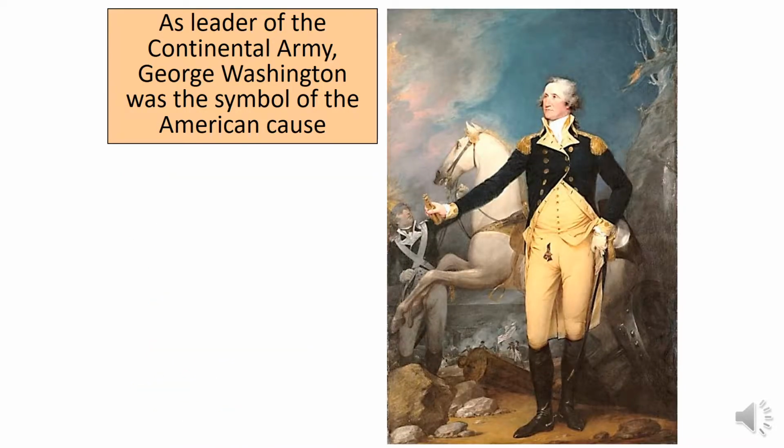All right, as leader of the Continental Army, George Washington was the symbol of the American cause. So everybody knows about George Washington. He had actually led some pretty negative campaigns, or campaigns that had failed, in the earlier French and Indian War.